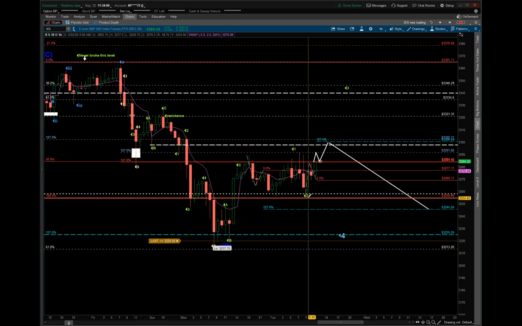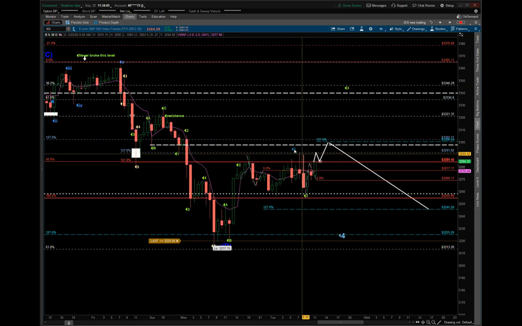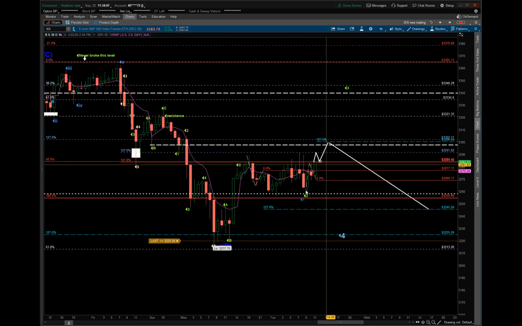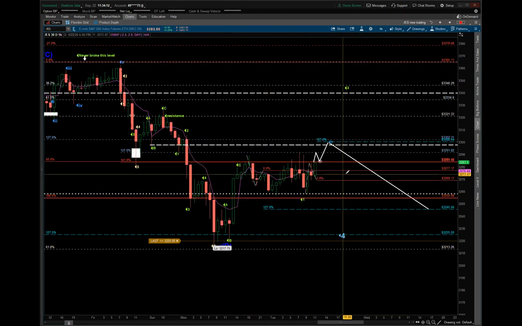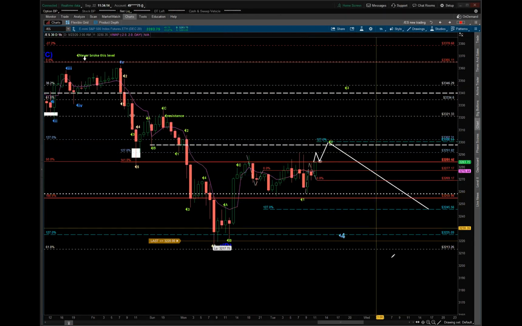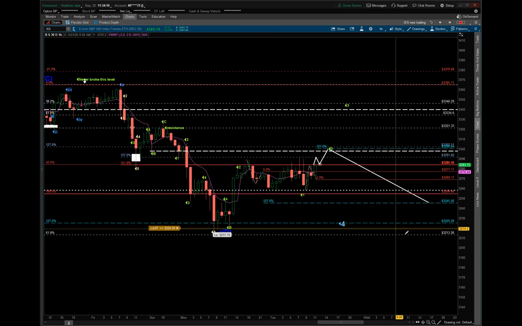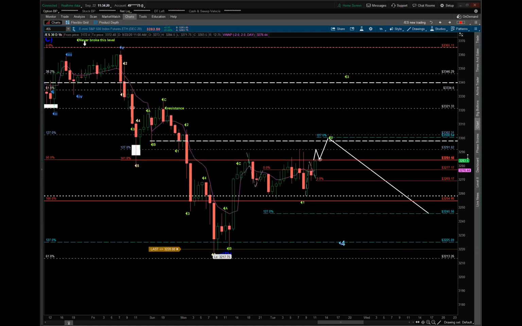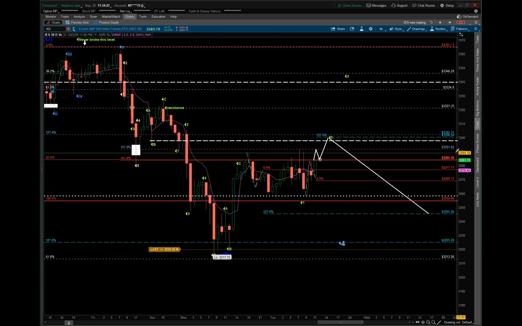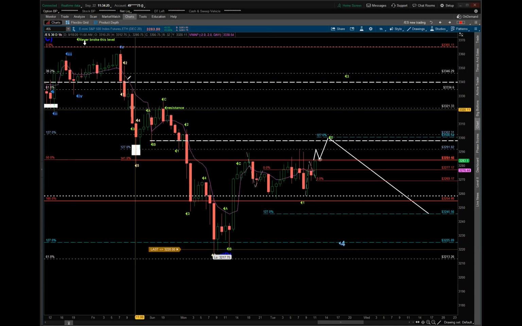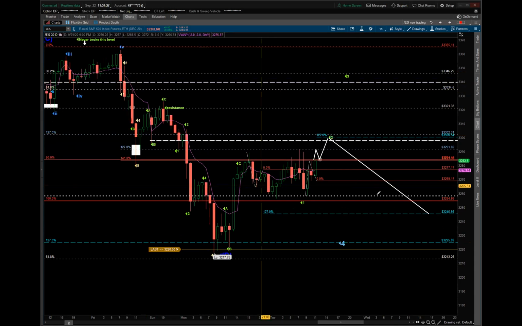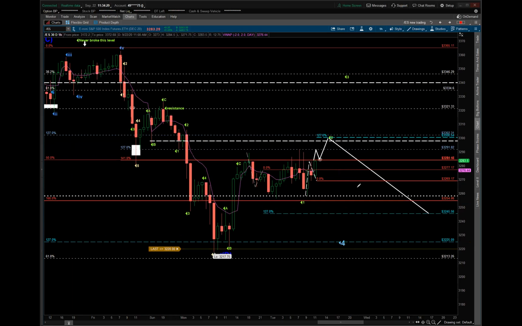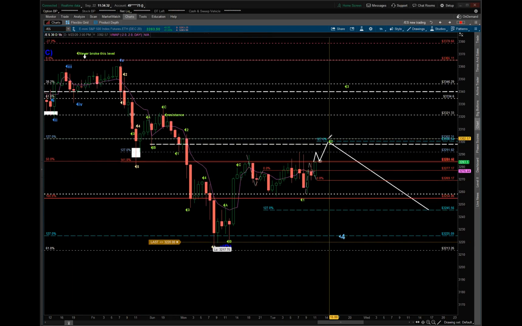I'm looking to take either a 1, 2, 3 to the upside, or if we don't break this level, then I will change to this, and we'll have a 1, 2, 3 to the downside. Okay, I have a little video that I will send to the group just to show you how to trace these Elliott waves, since it's a little bit more technical and complicated, but it will teach you how to get these levels correct.